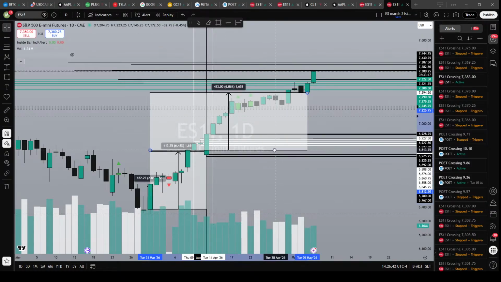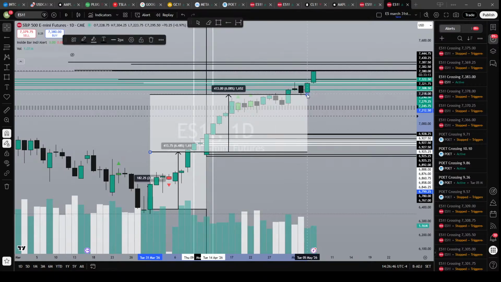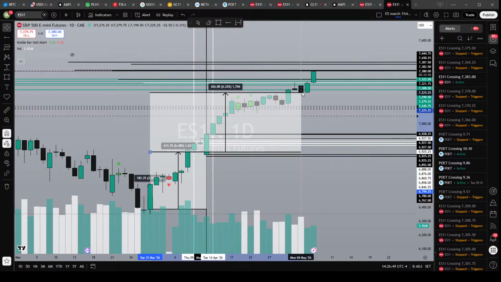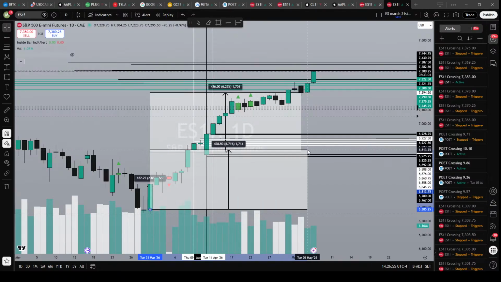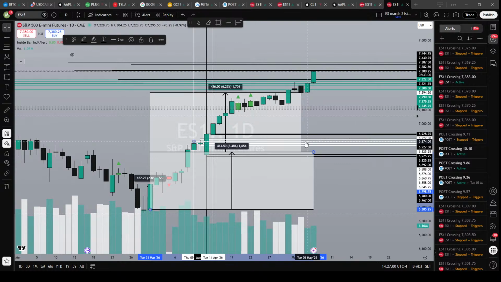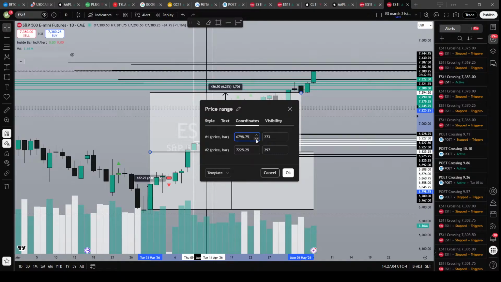And I didn't really measure it like this, but I feel like maybe this might make it more accurate. Yeah, that does. If you did 413 off the close here, or open, I didn't do this, but I feel like this would probably make it more accurate. So 6,798, 6,798.